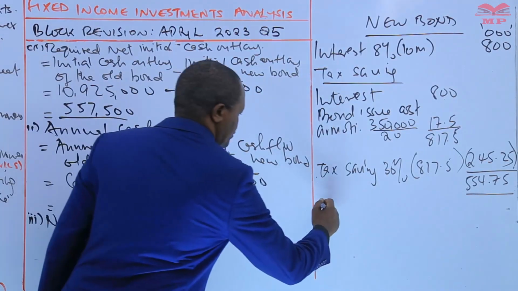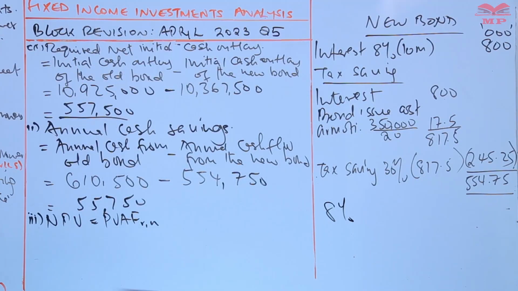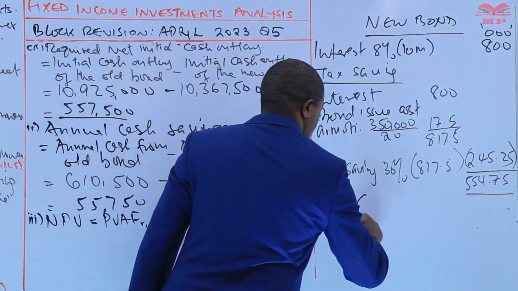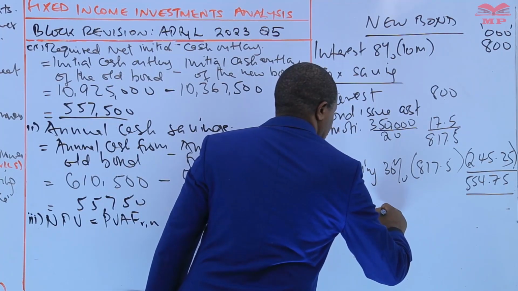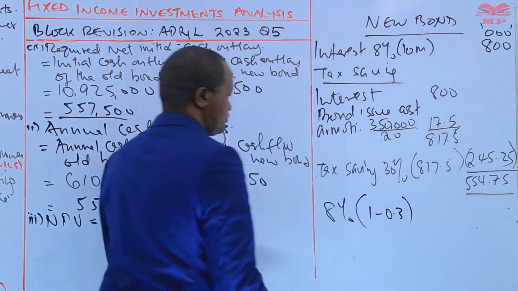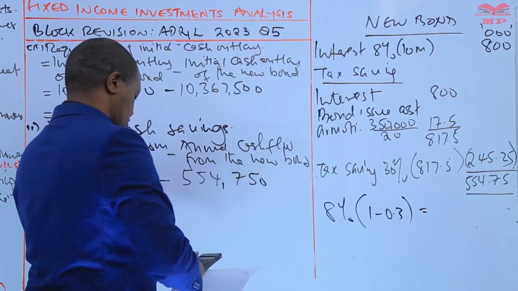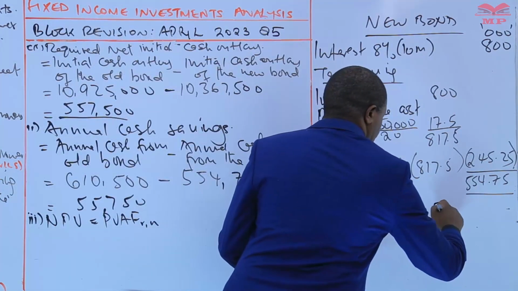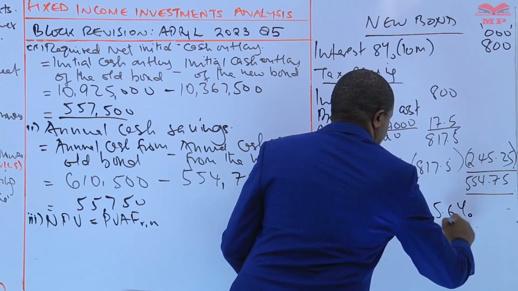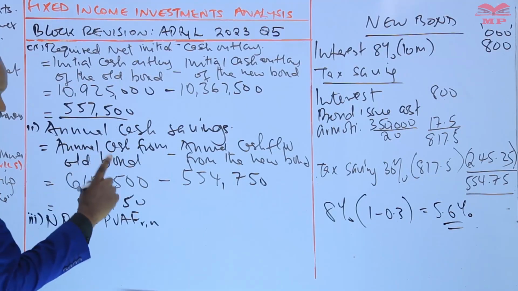For this coupon rate of 8%, we're going to remove the tax so that we have the after-tax cost of debt, which would be 1 minus 0.3. This would be equal to 5.6%. This will be the discounting rate. The discounting rate is 5.6%.